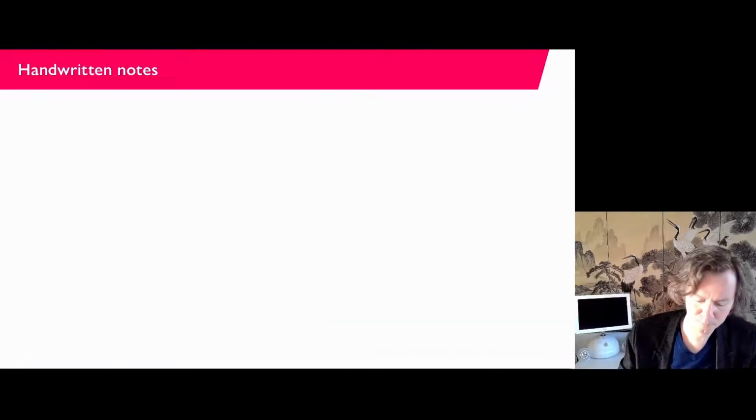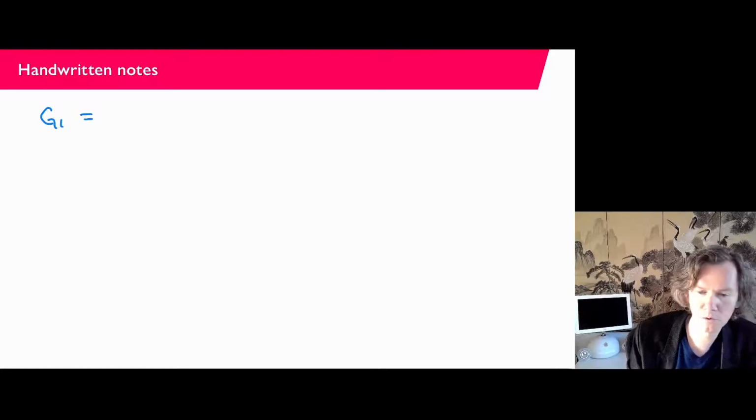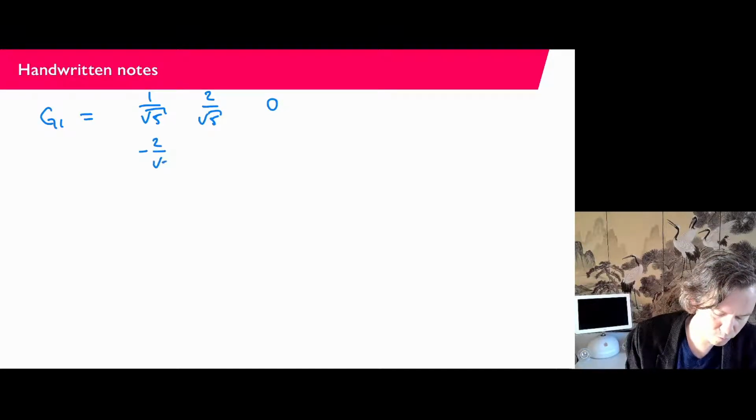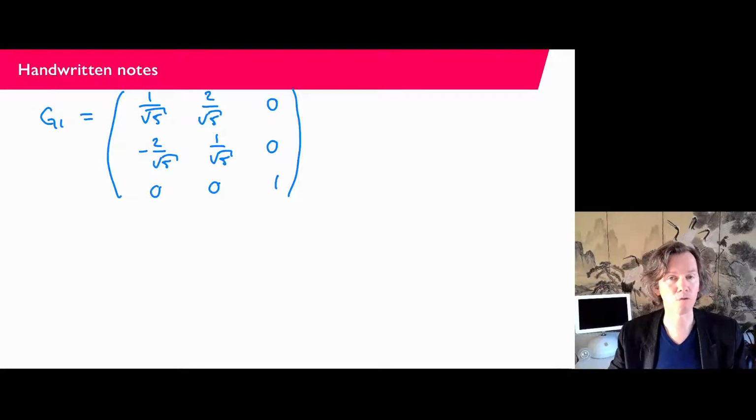What we have found is that our G1 matrix, so the first Givens rotation, is 1 over square root of 5, 2 over square root of 5, 0; minus 2 over square root of 5, 1 over square root of 5, 0; 0, 0, 1. So apparently this is an orthogonal matrix. If you would do G1 transpose times G1, you would find the identity matrix.